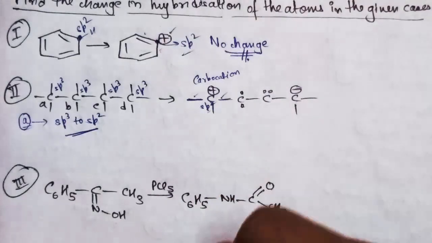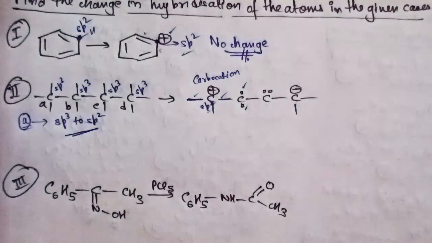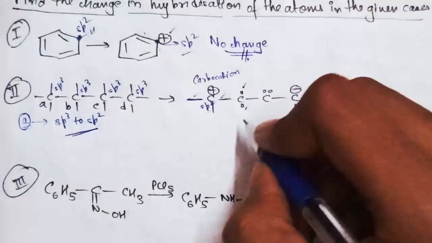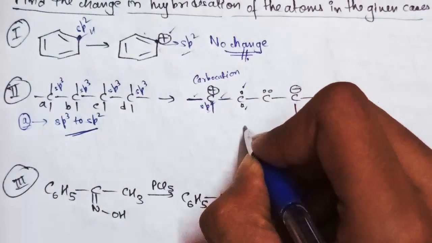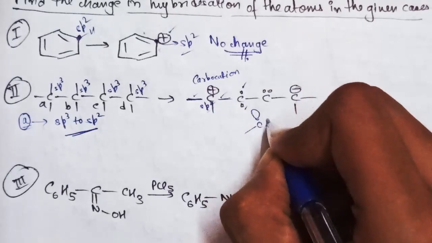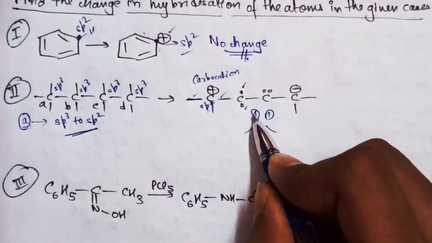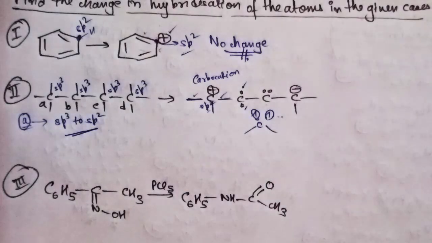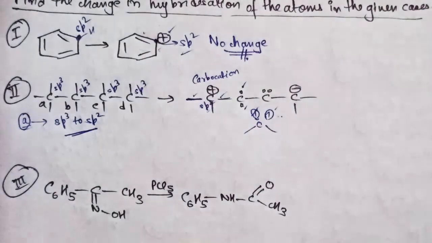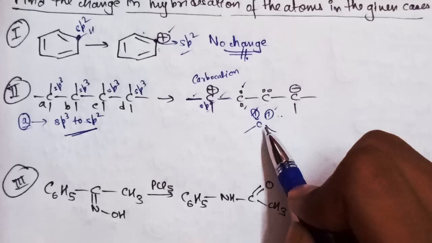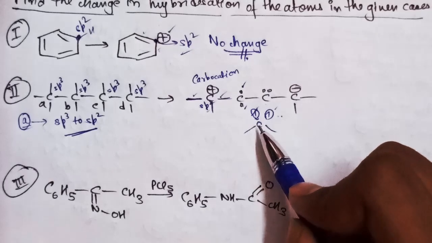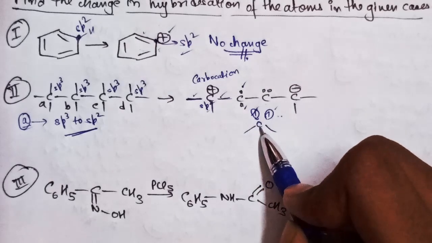Talking about case B, it is the case of a triplet carbene. We can analyze it carefully: the molecular structure is somewhat like this. In a triplet carbene, there are 2 single electrons present in different orbitals. These 2 single electrons will generally not participate in the hybridization unless this carbon atom has a very high positive charge induced in it.